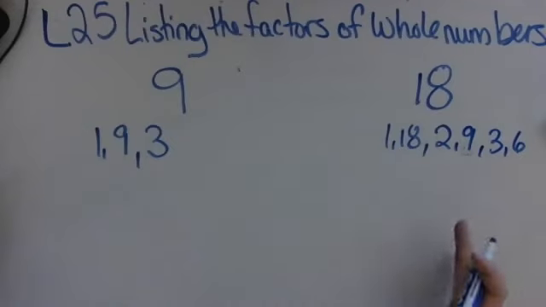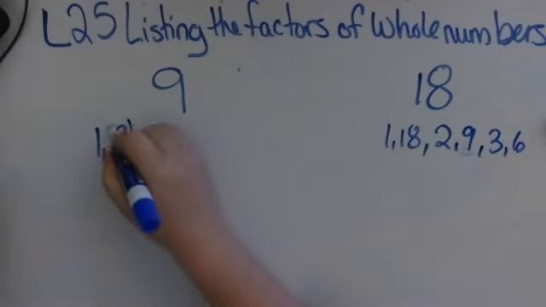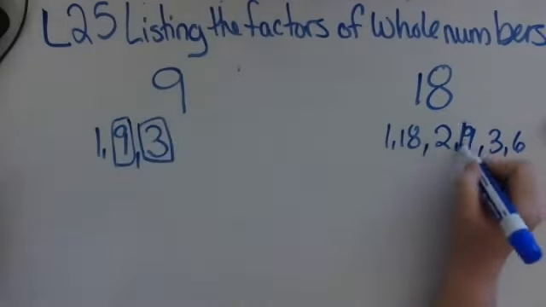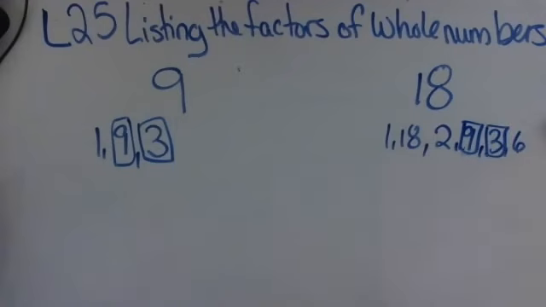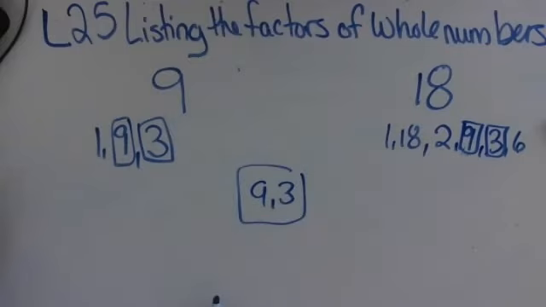So what are the factors of 18 and 9 that are the same? Well, 9 and 3 are in both of them, which means 9 and 3 are the factors that 18 and 9 share. That is lesson 25 for Saxon 5, listing the factors of whole numbers.